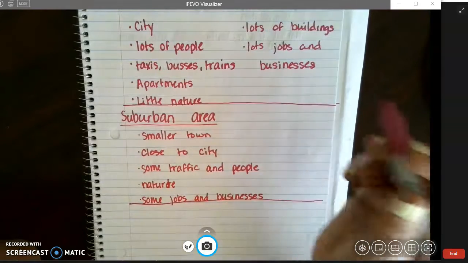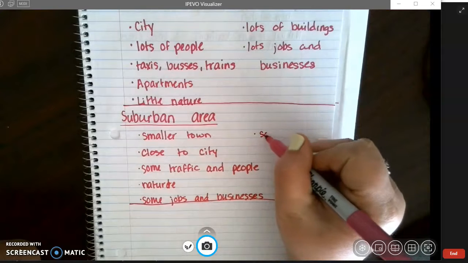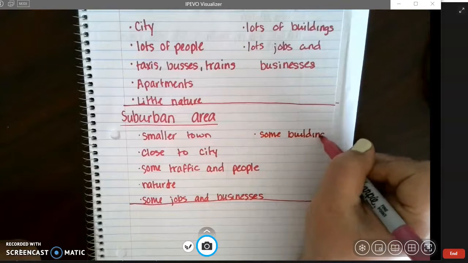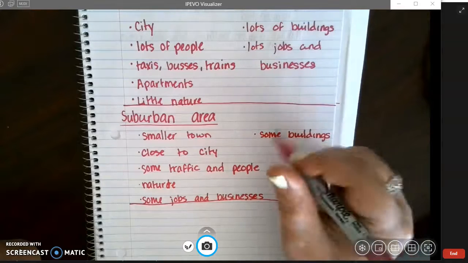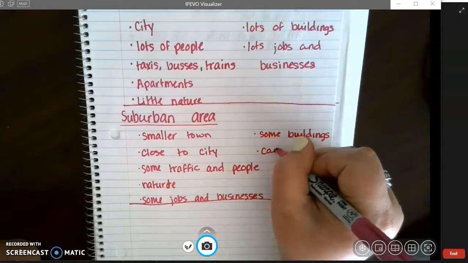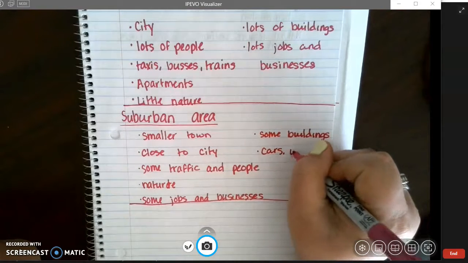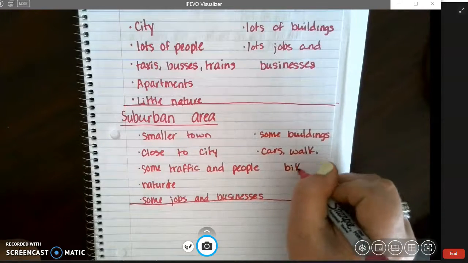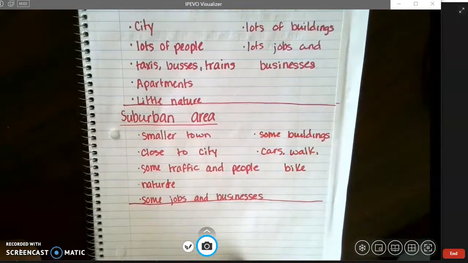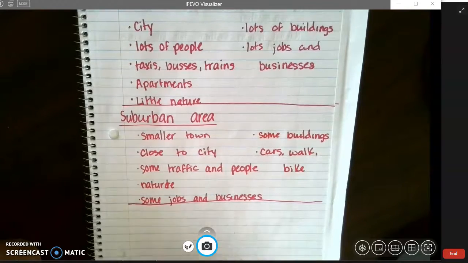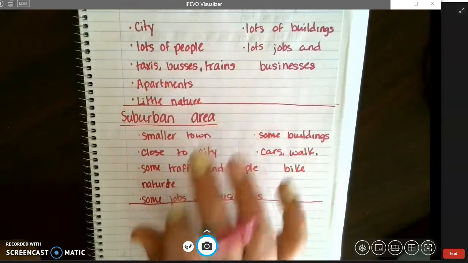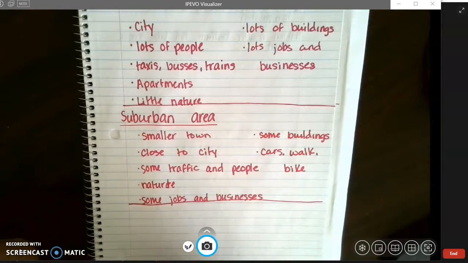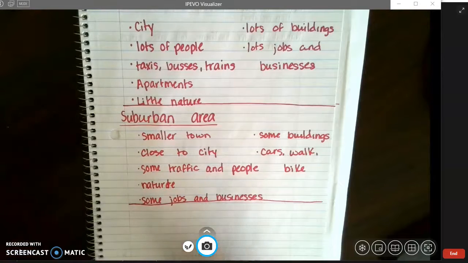There are some buildings. And to get around, we use cars, walk, or bike. Okay, so these are our notes for suburban area, smaller than urban, a lot of the same things, just on a smaller scale or less of them.